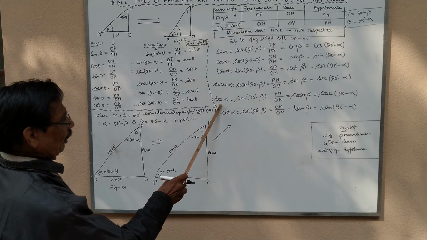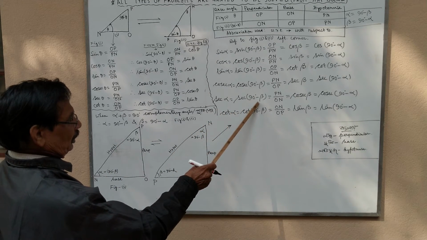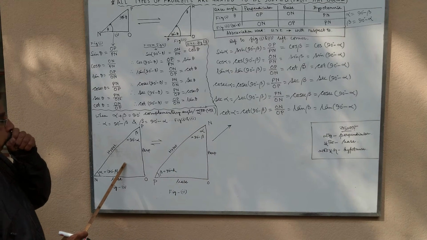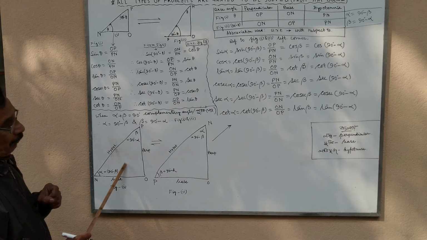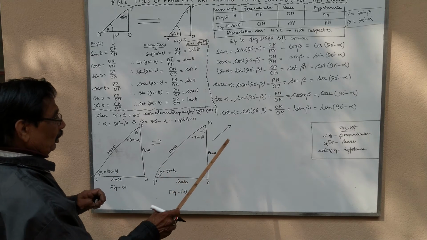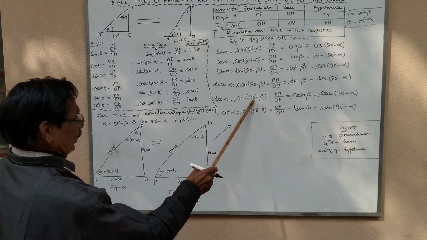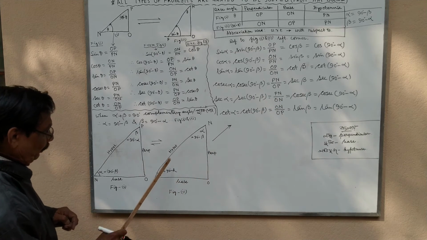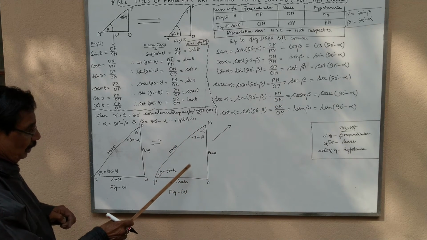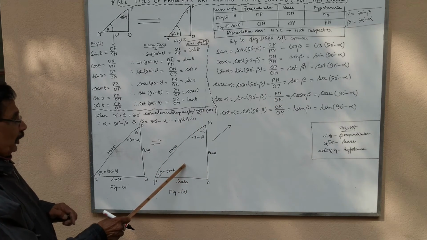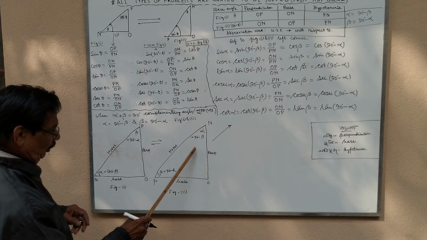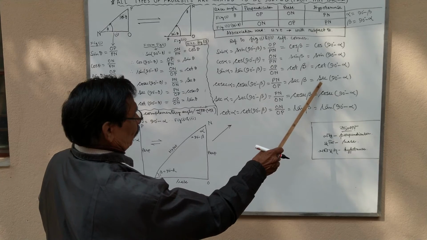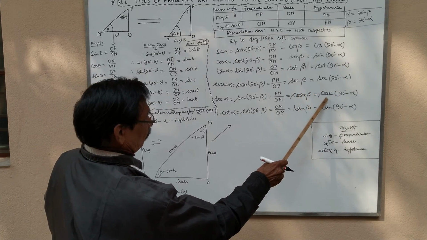And sec alpha equals sec 90 degree minus beta, that is PN by ON from the first figure, and from the second figure PN by ON is cosec beta, where beta equals 90 degree minus alpha.